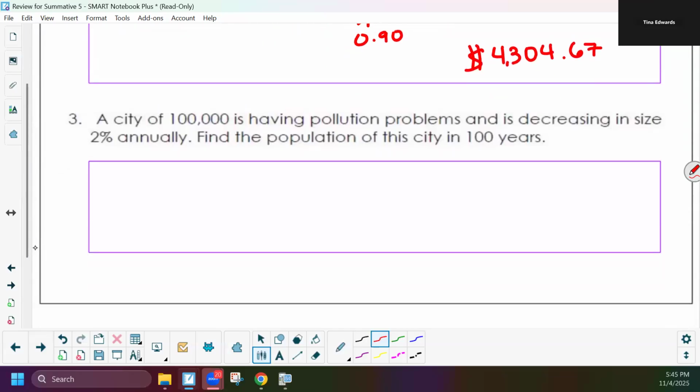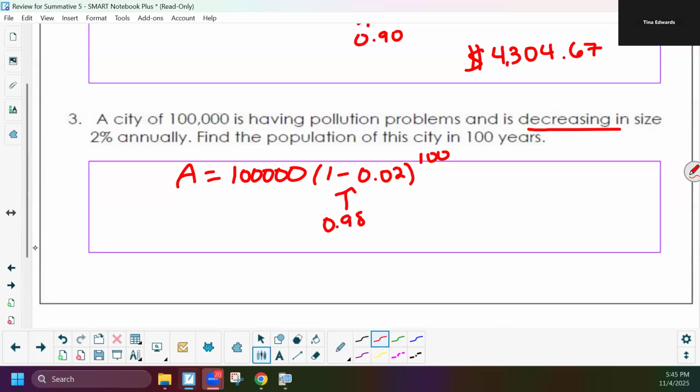Okay, this one is also exponential decay because I see it's decreasing in size. So we have A, we're starting with 100,000 and it is 1 minus, our rate is 2%, so 0.02, to the 100th power, for 100 years. Again, if you want to simplify that, you can. That simplifies to 0.98.